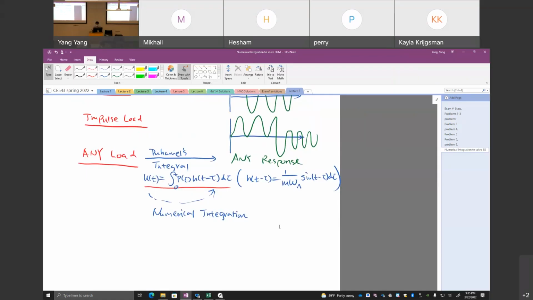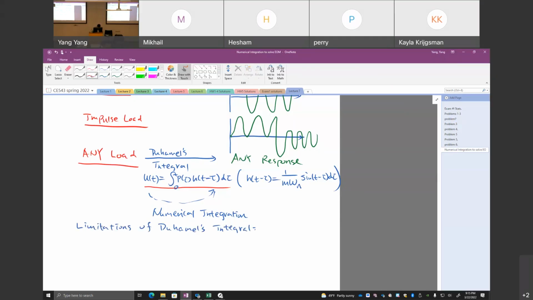But in reality, there are some limitations of the Duhamel integral.